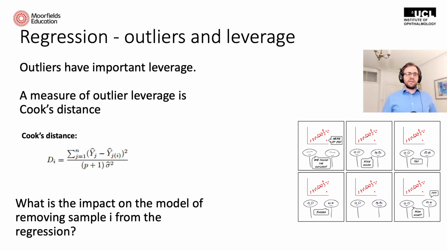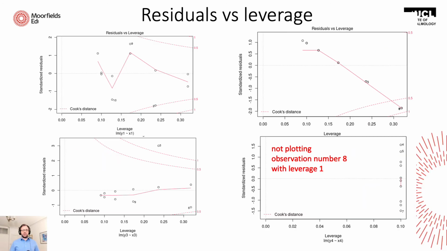What you're seeing here is the y_j and the y_j with i removed. So for each data point you've got the predicted value with the model with all the points in it, and the predicted value with all the points minus the i point. And then we look at how big that difference is. That's what we're going to see in the next slide.